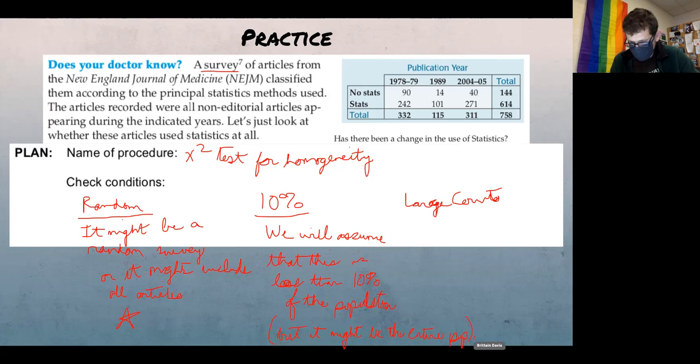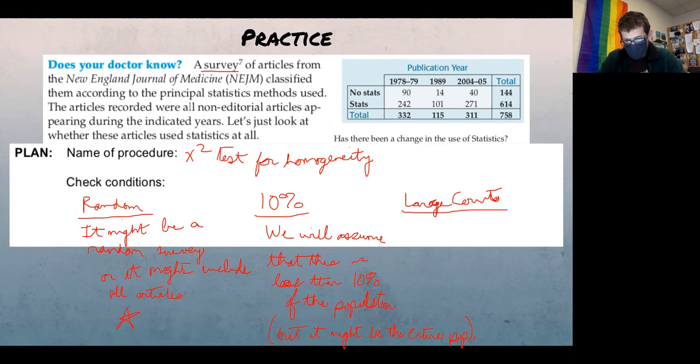How do we check the conditions if we just like say we can assume? Well, in reality, if we didn't meet these conditions, we wouldn't do the test. But in the AP Stats class, if we don't meet the condition, we say, well, this might not be a correct outcome based on not meeting the conditions, but let me show you that I know how to do it, assuming it is correct.